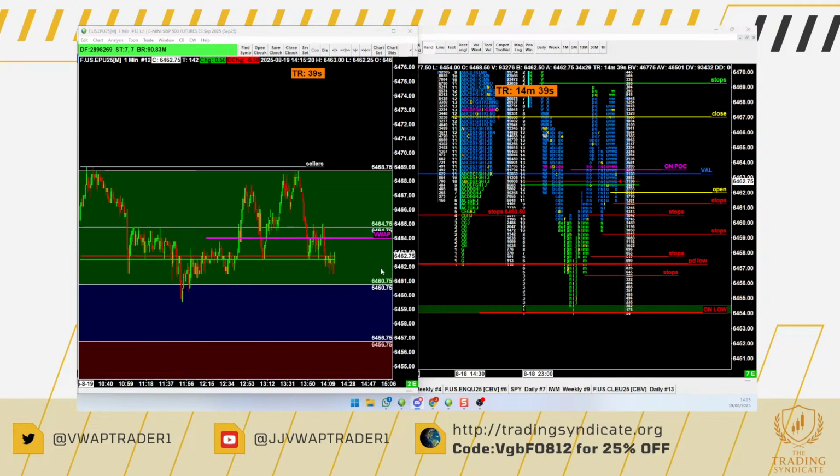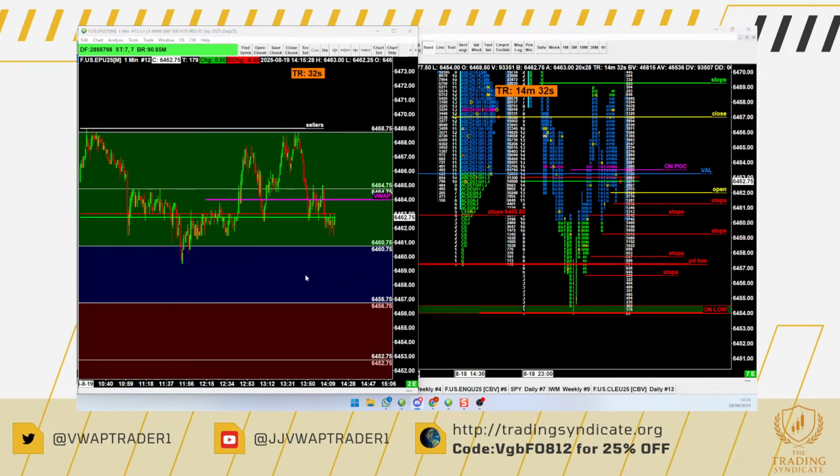Discount zone, 48 and three quarters. And we have been just chopping back and forth. So we are going to open inside yesterday's range. Most probably it'll be choppy and slow off the open. Don't expect much more than that.